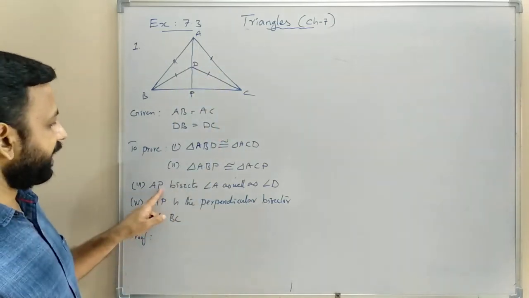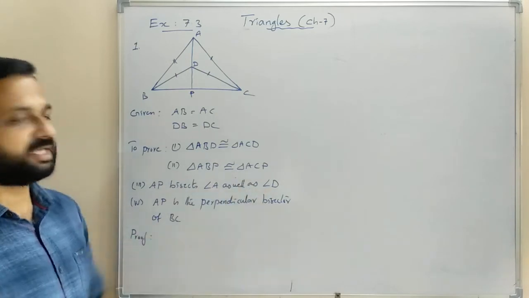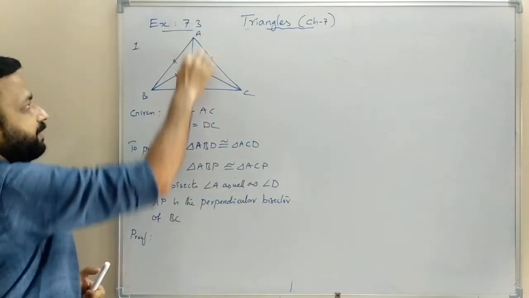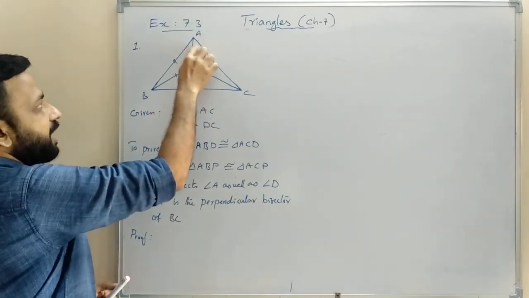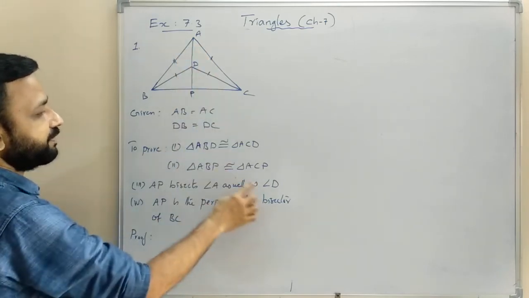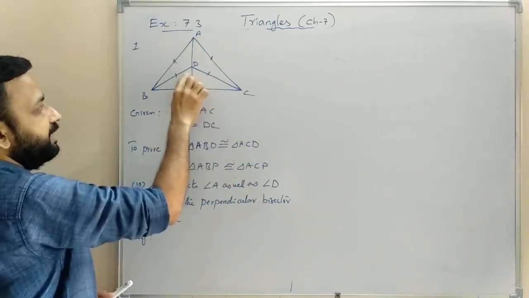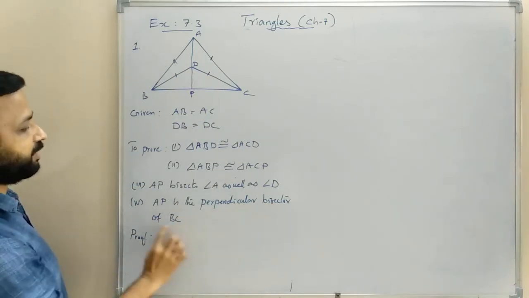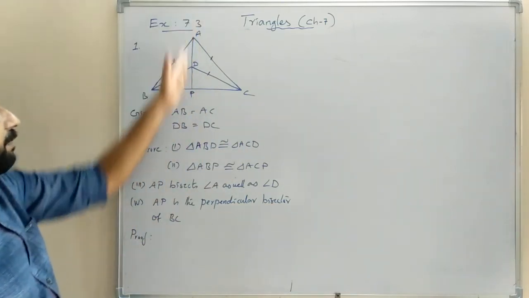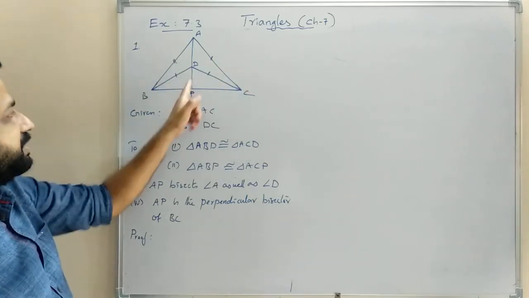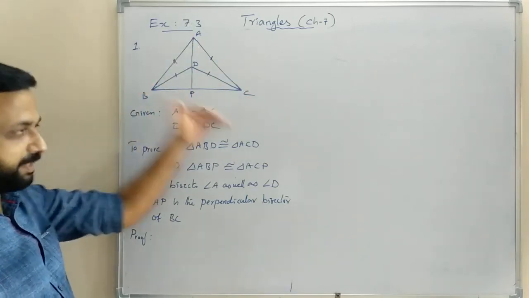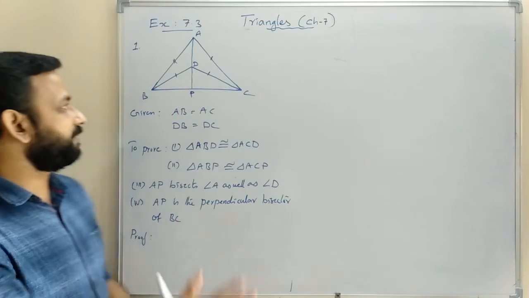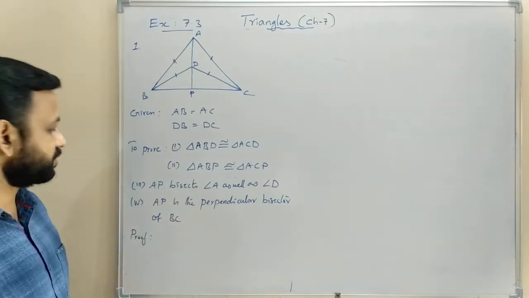Then we have to prove AP bisects angle A as well as angle D. We have to prove these two angles are equal, and AP bisects angle D, these two angles are equal. Then AP is the perpendicular bisector of BC. So we have to prove AP perpendicular to BC and AP bisects BC. So that is our question.